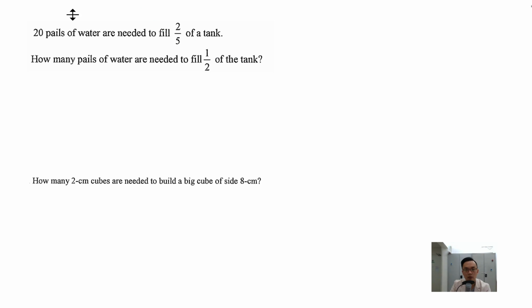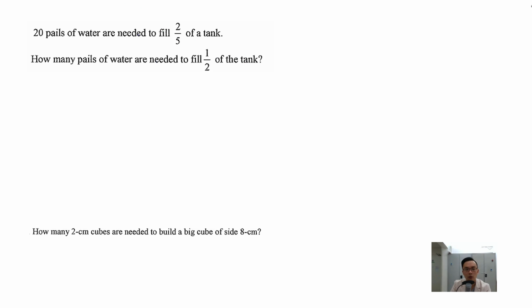Now let's take a look at this question. 20 pails of water are needed to fill 2/5 of a tank. How many pails of water are needed to fill half of the tank? So this is the time when the formula that I keep talking about comes in super useful. So 2/5 of a tank is done by 20 pails of water.